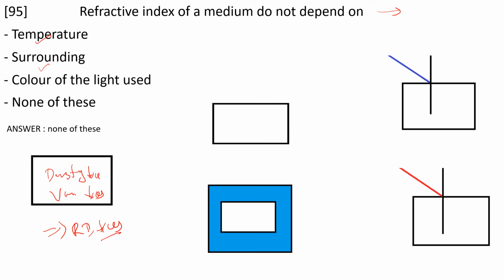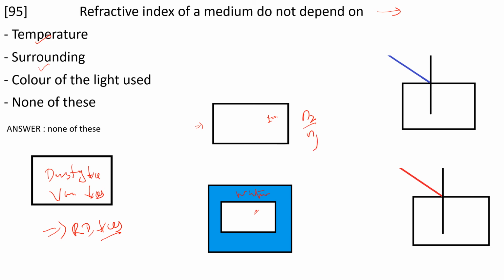Now you are measuring the refractive index of the glass slab in two surroundings. First you have taken air as the surrounding, and in the second case you have taken water. What is the refractive index formula? N2 by N1.